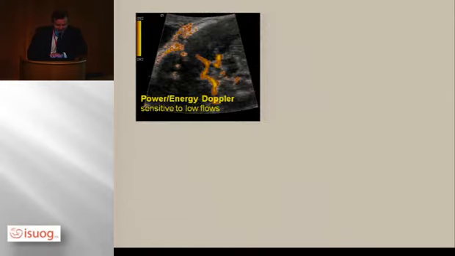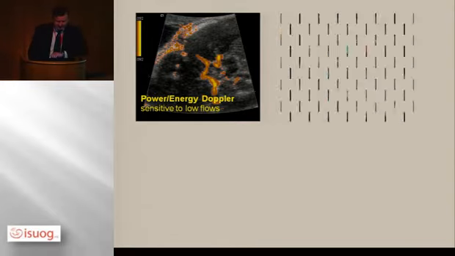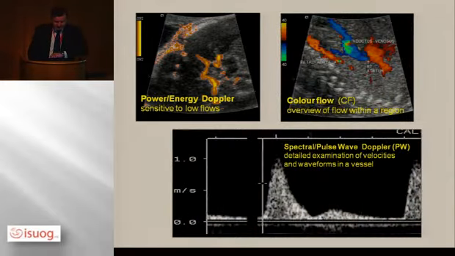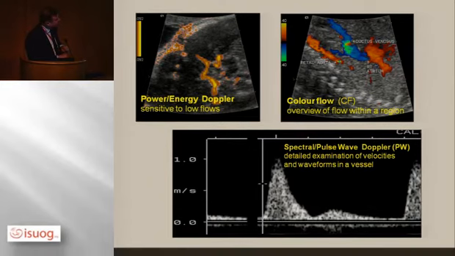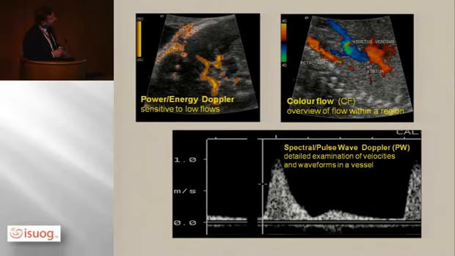So what am I going to be talking about today? Well, I'm going to be talking about the three modes of Doppler ultrasound, the three commonly used modes. Power Doppler, energy Doppler, which is non-velocity based Doppler that tells you about particularly low flow vascular beds.